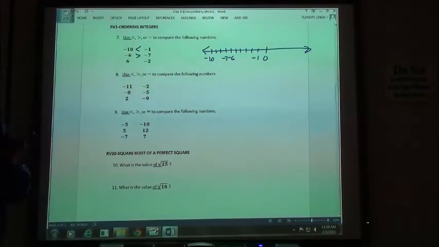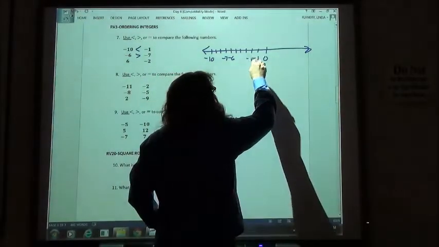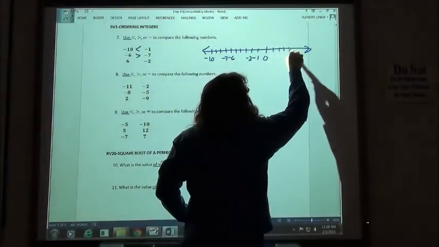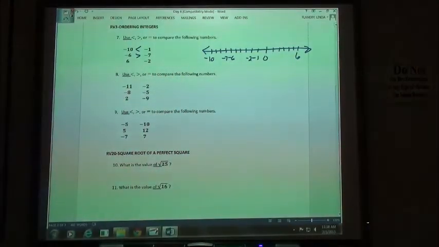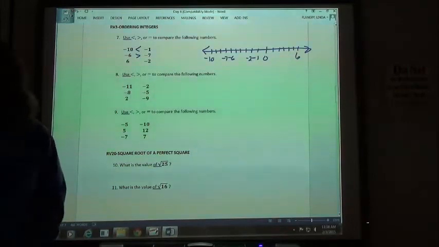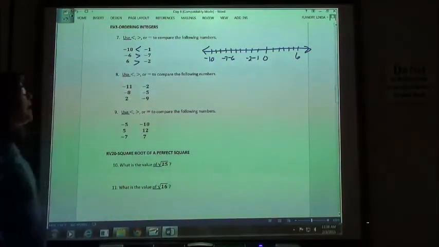It's a higher temperature. On the bottom one, I'm comparing a +6 to a -2. Here's -2, 1, 2, 3, 4, 5, 6. Again, the 6 is to the right side of the -2. We probably already know that any positive number is always bigger than a negative number, so +6 is going to be greater than -2.